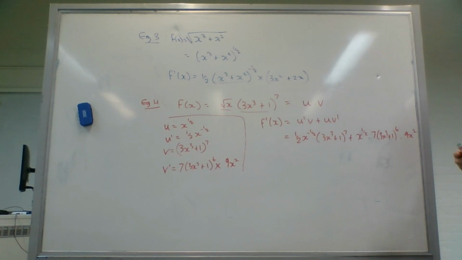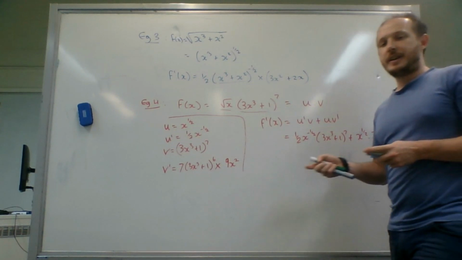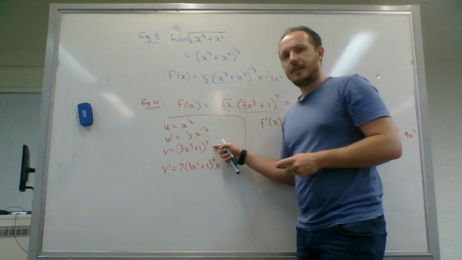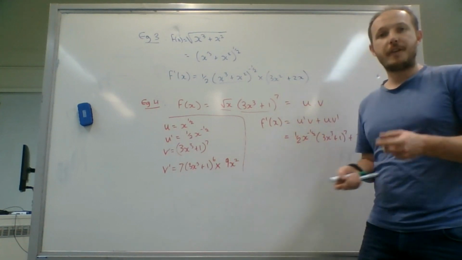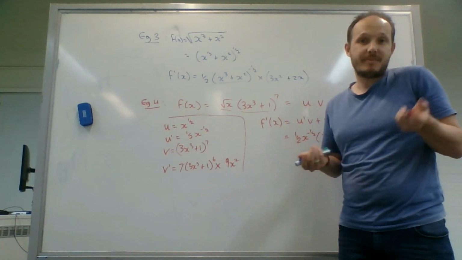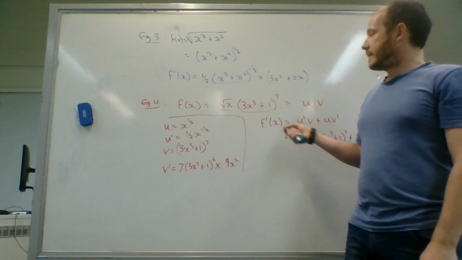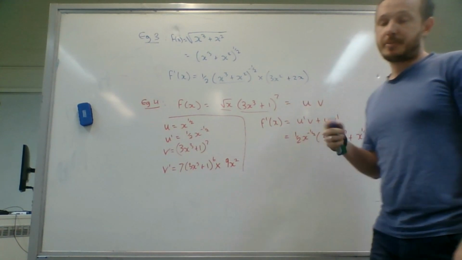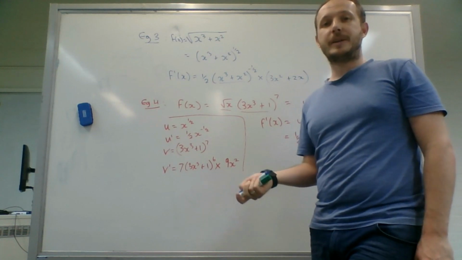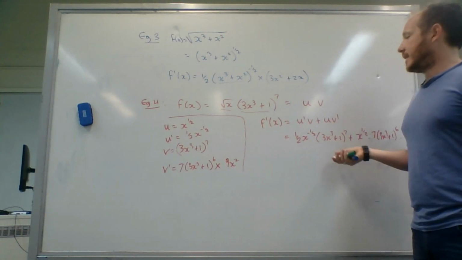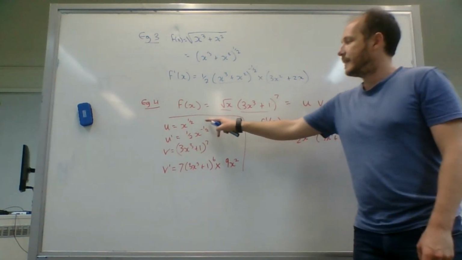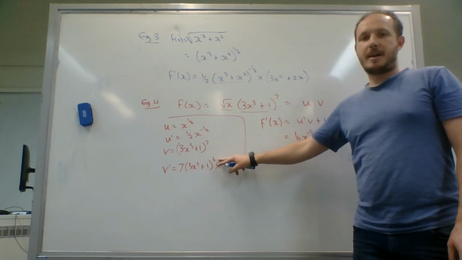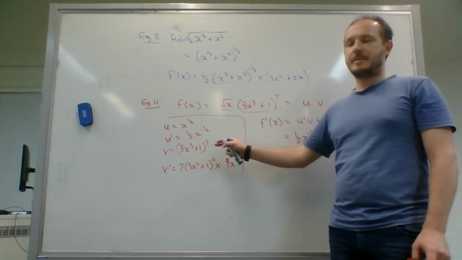Now, I find it really useful to do this section here, off to the side by itself. I find that easy just for me. That's just what I like doing. Some people will go straight from here to here. That's okay. It's completely up to you how you go about doing it. I guess the important thing is that over here, you're just doing one step at a time, so you're less likely to make a mistake.